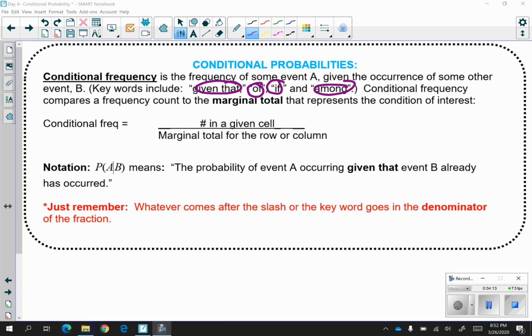Now this notation is super important. This line means given that, which is another keyword for conditional probability. So this is read as the probability of A given that event B has already occurred. It's definitely not a fraction, but you could think of it as a fraction in the sense that what comes after the line is going to go in the denominator.